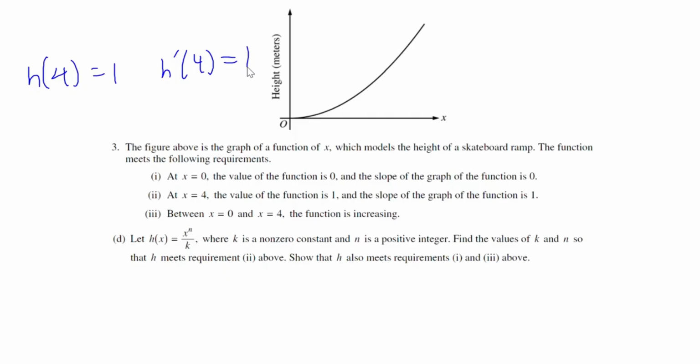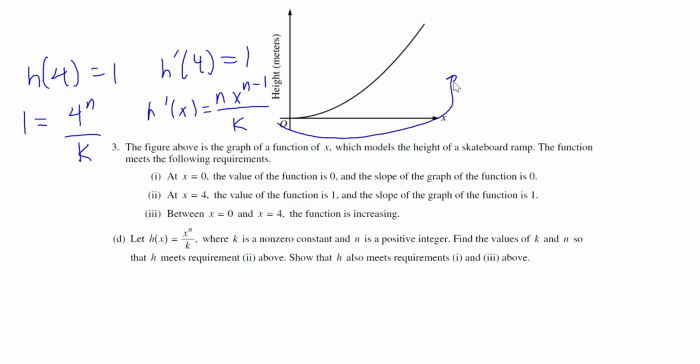So if h of 4 is equal to 1, then we have 1 equals 4 to the n over k. And then h prime of 4, well, the derivative of x to the n over k is just, we'll write this out, h prime of x is going to be equal to n x to the n minus 1, still over k.